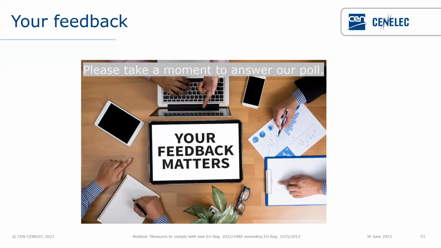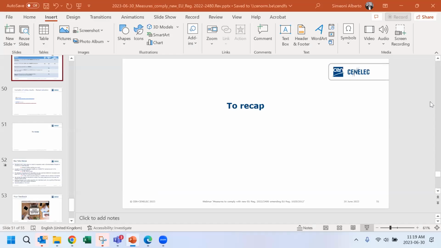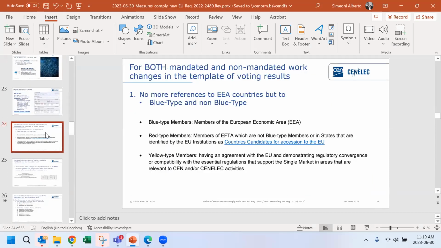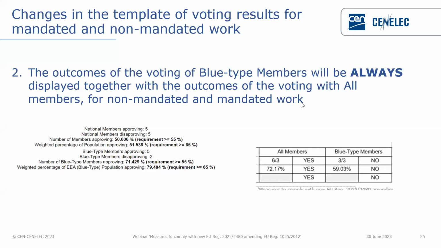So if I go back to my slide. So what are the changes for mandated and non-mandated? Well, I hope that you can see these slides. So also for non-mandated work items, the double counting will appear, so that it is possible to understand what the blue type members voted, in case, as Chiara says, that at the end the standard is offered.